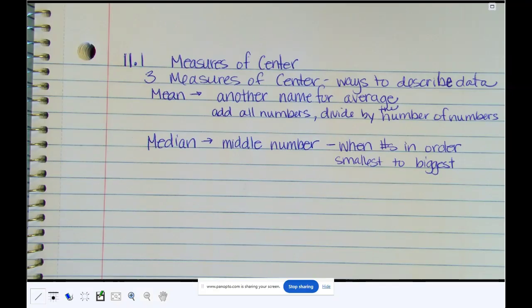Right, so cross them off until you get to the middle. This is a big set of numbers. Until you get to 2. 2 is the middle. Okay, that's the median. That is pretty easy, right? To cross them off.